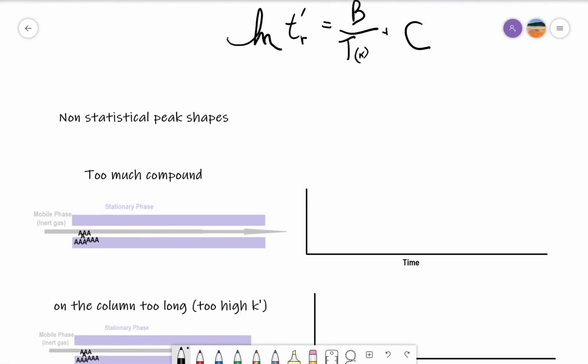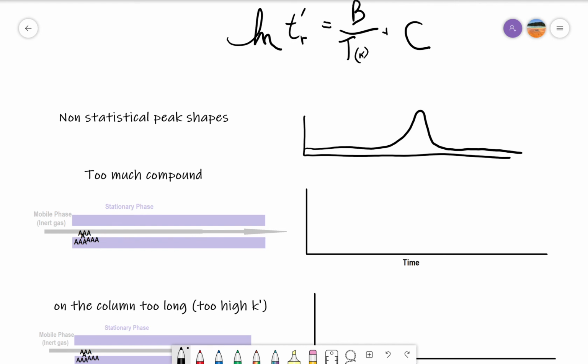Before we can consider its effect on resolution, we need to talk about one more factor, and that is how the width of the peak is affected by non-statistical effects. For example, too much compound. If we put too much compound on the column, normally what you expect is a Gaussian distribution.